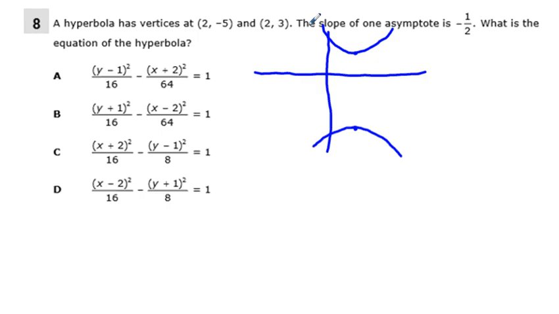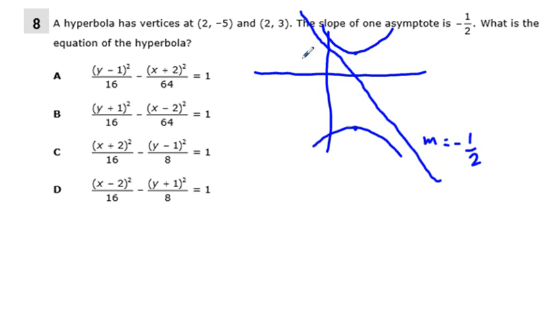And the slope of our slant asymptote, one of them, is going to be -1/2. So this would be m, or slope, equals -1/2 of that slant asymptote.